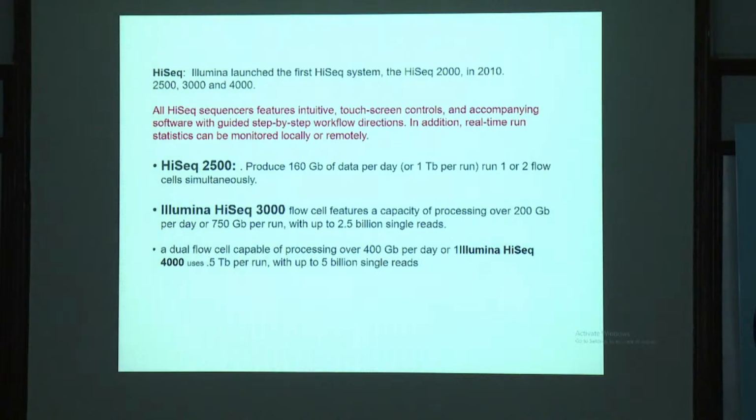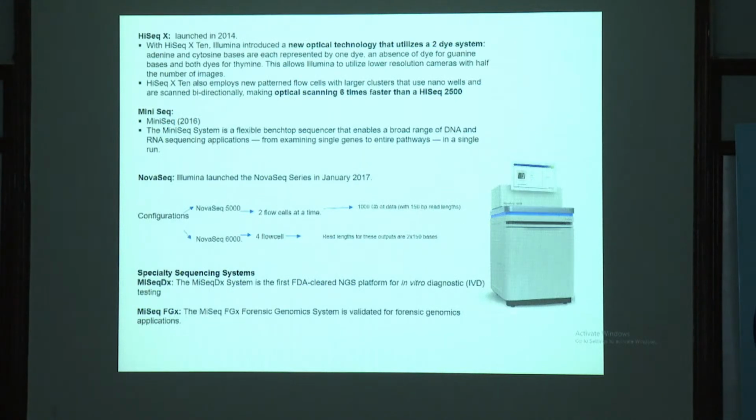We have the 1000 version, which is the very basic one, and nowadays we have NovaSeq 5000 and 6000 in the market. Here you can see 4 flow cells can be accommodated in the machine.